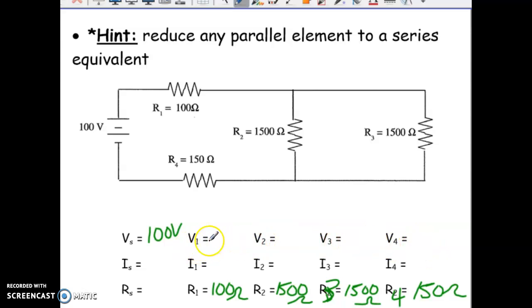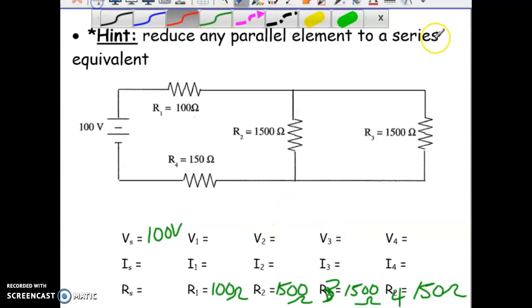It's not as easy as you would think, because remember, 2 and 3 are parallel. So what that means is these two numbers will be the same, but 1 and 4 and this number have to add up to 100 volts. Okay, so let's take a look.